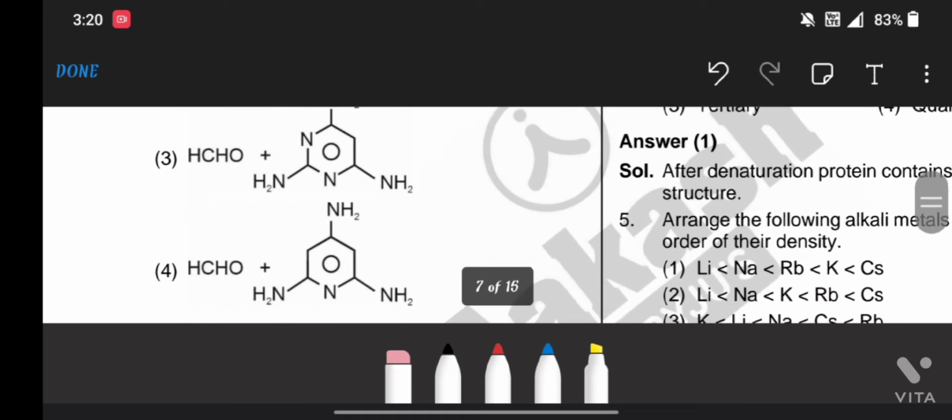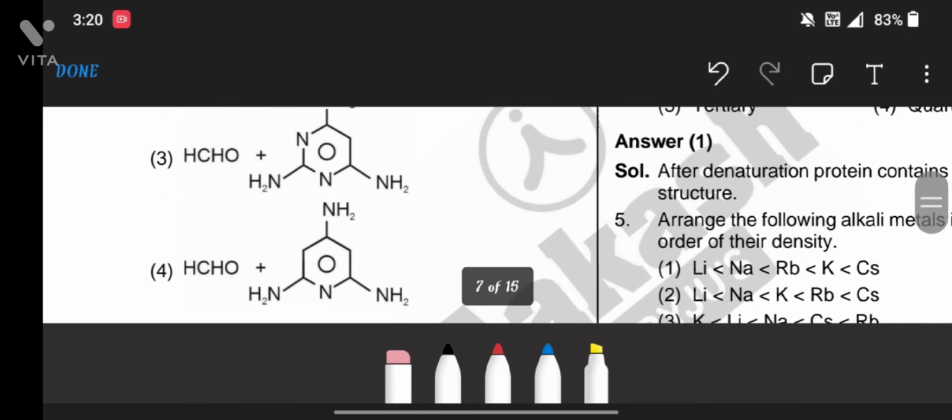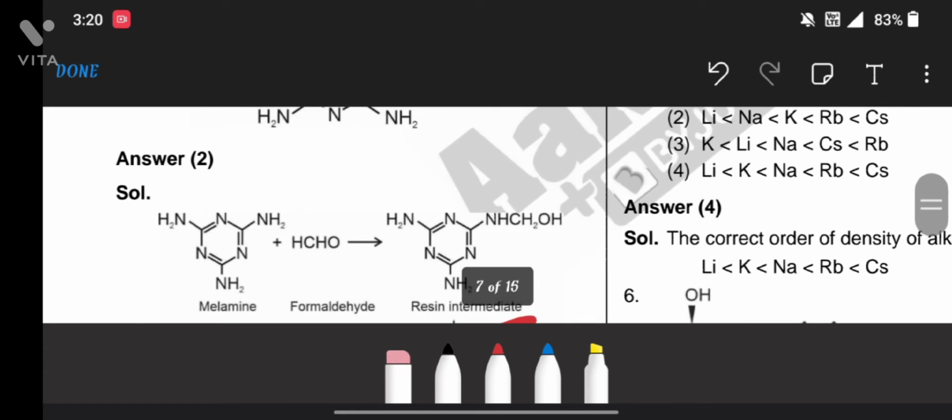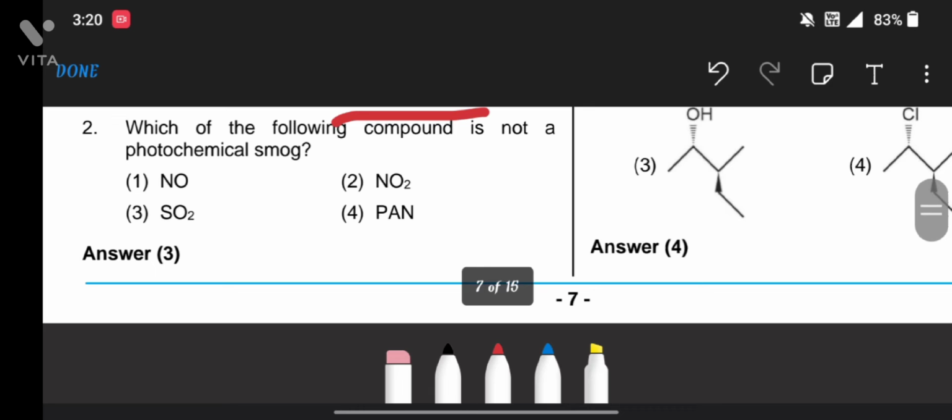SO2 is present in classical smoke, not in photochemical smoke.